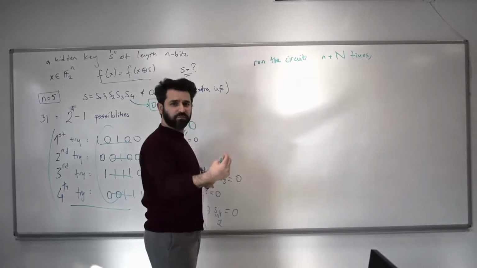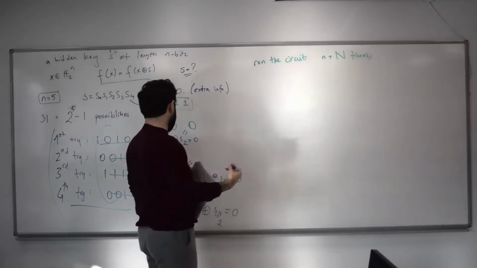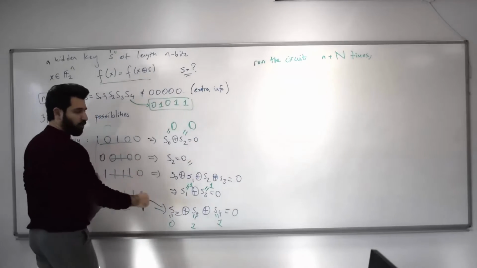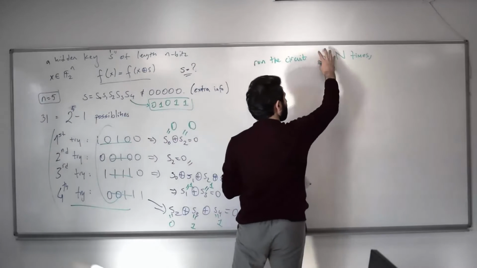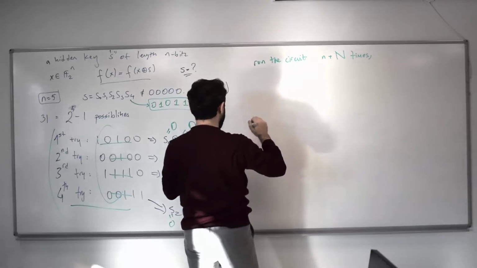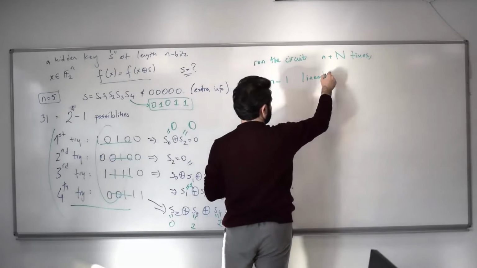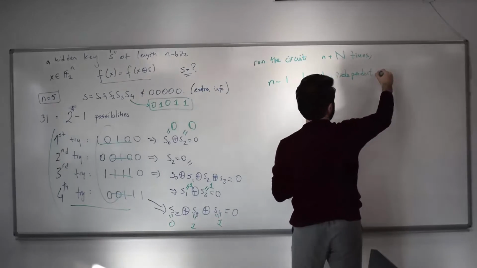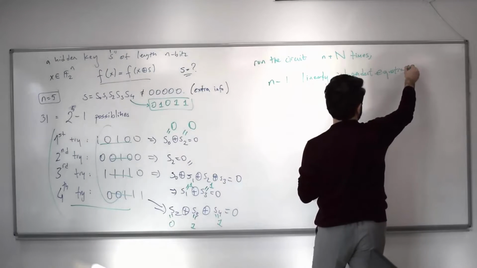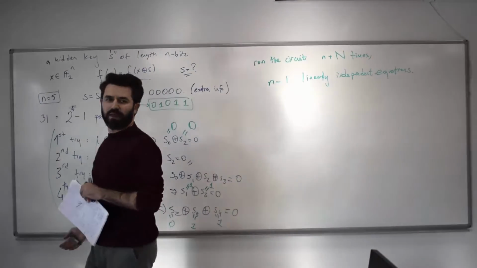Because each one of them corresponds to a specific measurement output. And measurement output corresponds to a specific equation in defined binary domain. So out of these many equations, you want to find n minus 1 linearly independent equations. Okay, because not all of these equations would be independent.